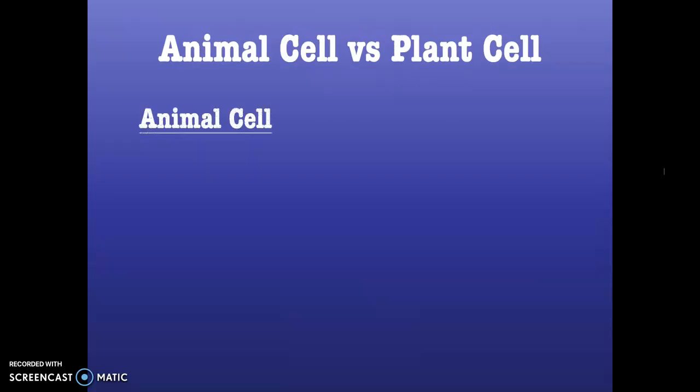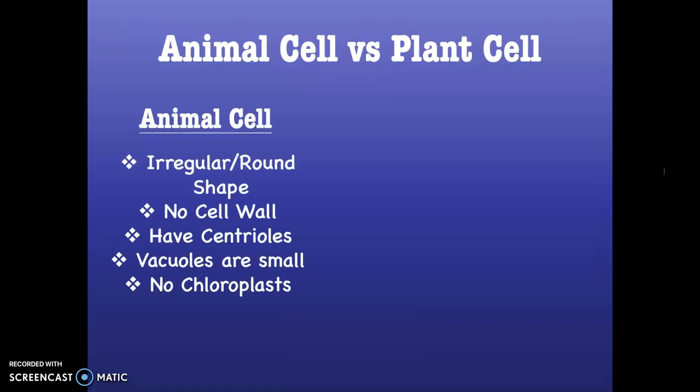Okay, so let's look at the animal cell. It is an irregular or round shape. The reason for this is it does not have a cell wall. It is not box-shaped. Animal cells do have special structures that plant cells do not have. They are called centrioles.